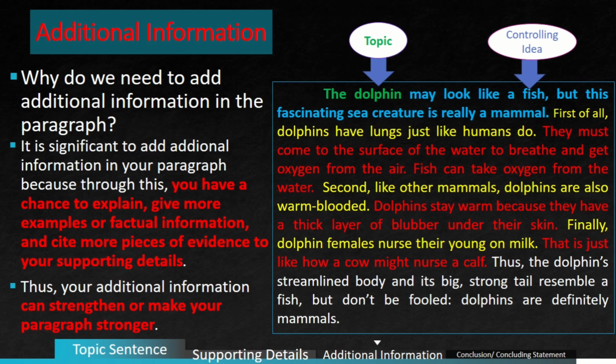Fish can take oxygen from the water." This statement tells us more on how dolphins can use their lungs to breathe. So this explains or gives us further details about how dolphins can use their lungs.